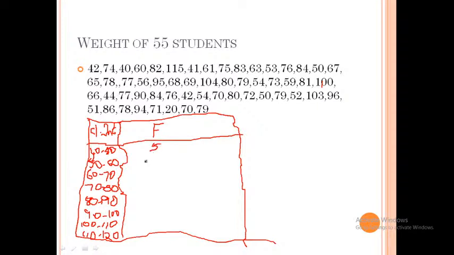Then 50 to 60, we have to count and find how many variables are coming from 50 to 60. It is 9. Then 60 to 70, it is again 9. Then 70 to 80, it is 15.